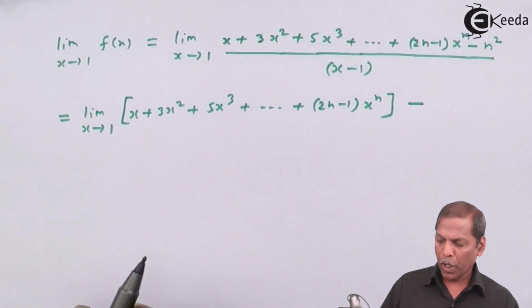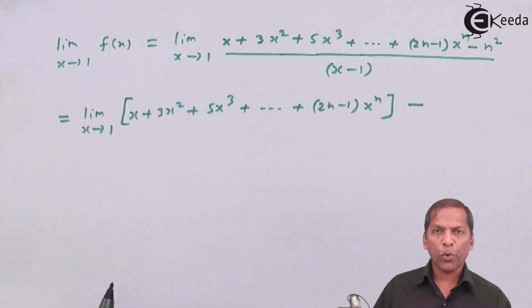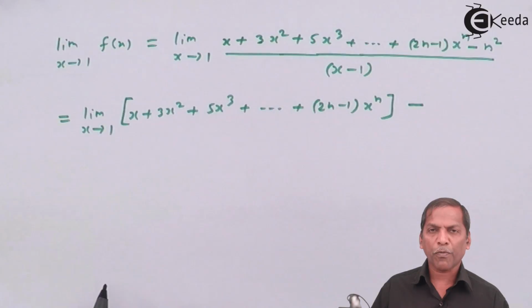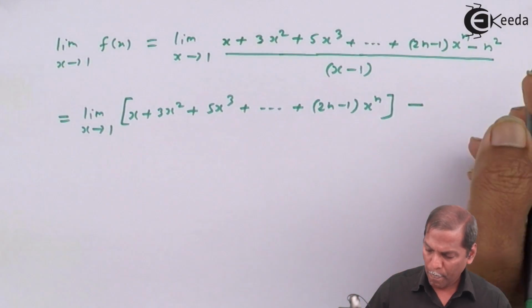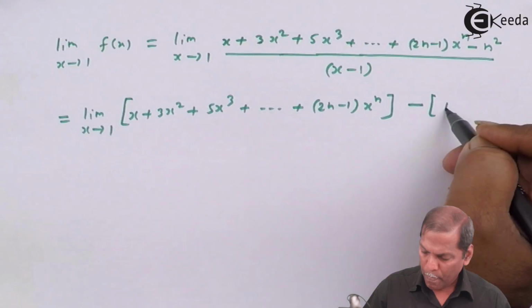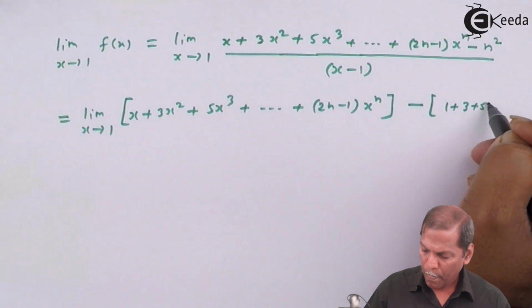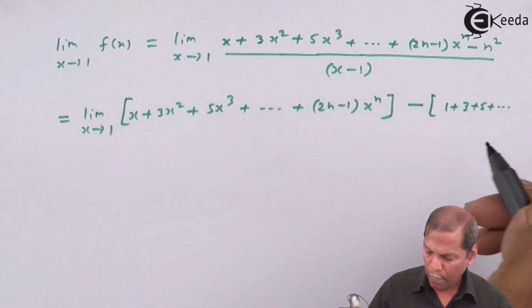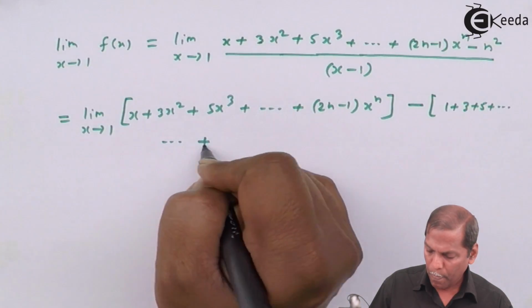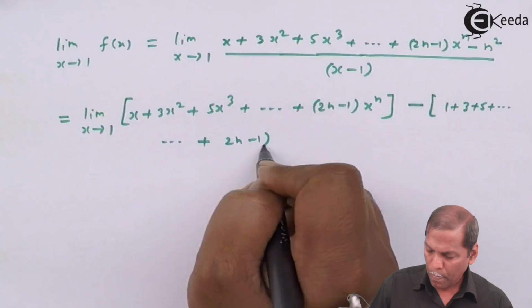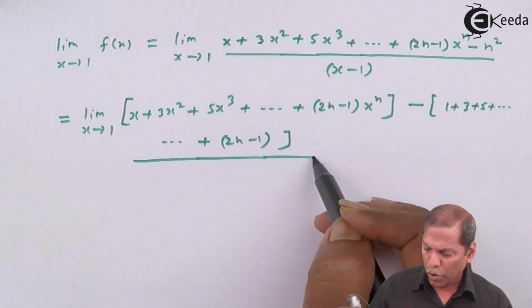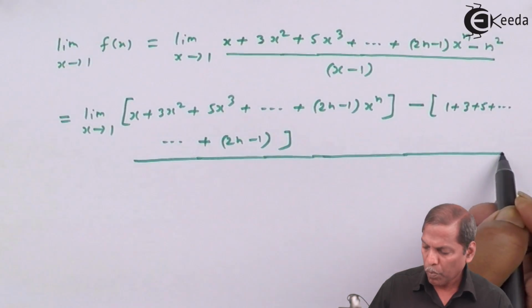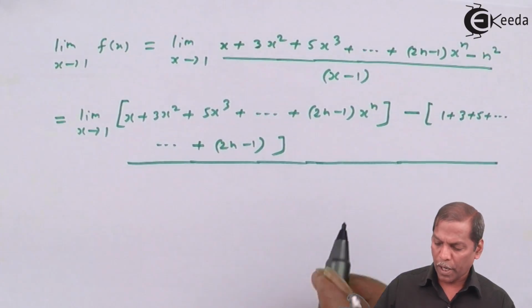Then minus, now for n square, we just proved that it is 1 plus 3 plus 5 plus ... plus 2n minus 1. And finally, the whole thing is divided by x minus 1.